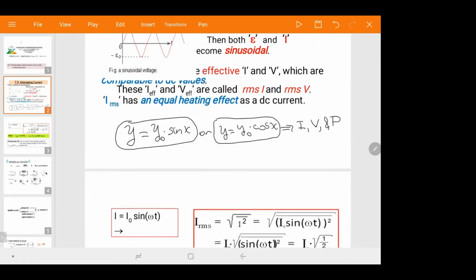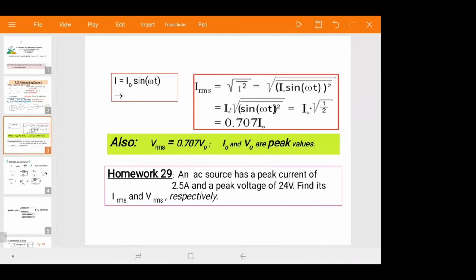Well, it is very simple. People discovered that when you take the current, you square it over one period: 0, some average value in between, maximum value, which we call the amplitude, again decreasing, going to 0, changing direction, current flowing in the opposite direction.